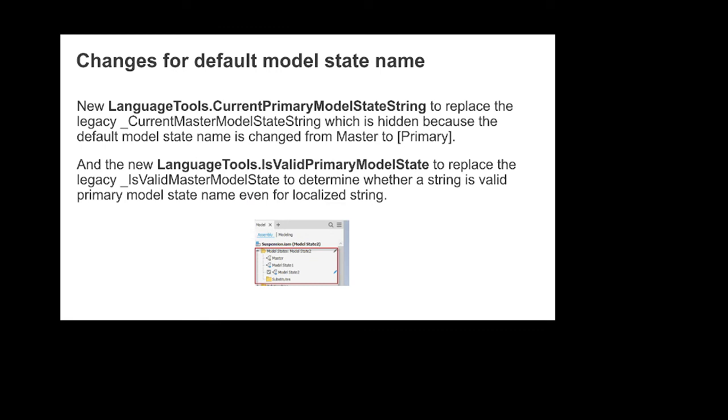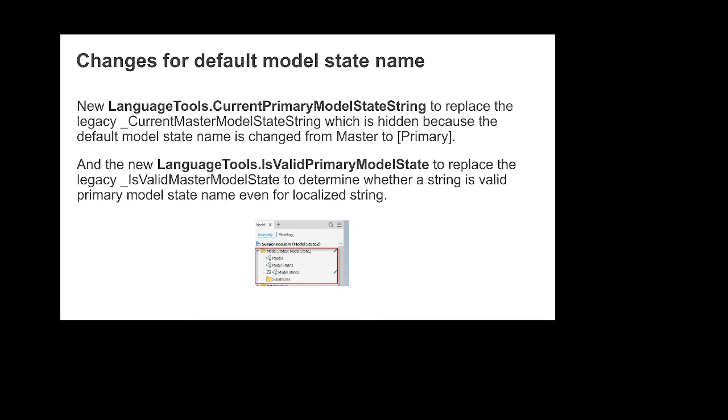In Inventor 2022, the default model state name was master, but in Inventor 2023, the default model state name is called primary.